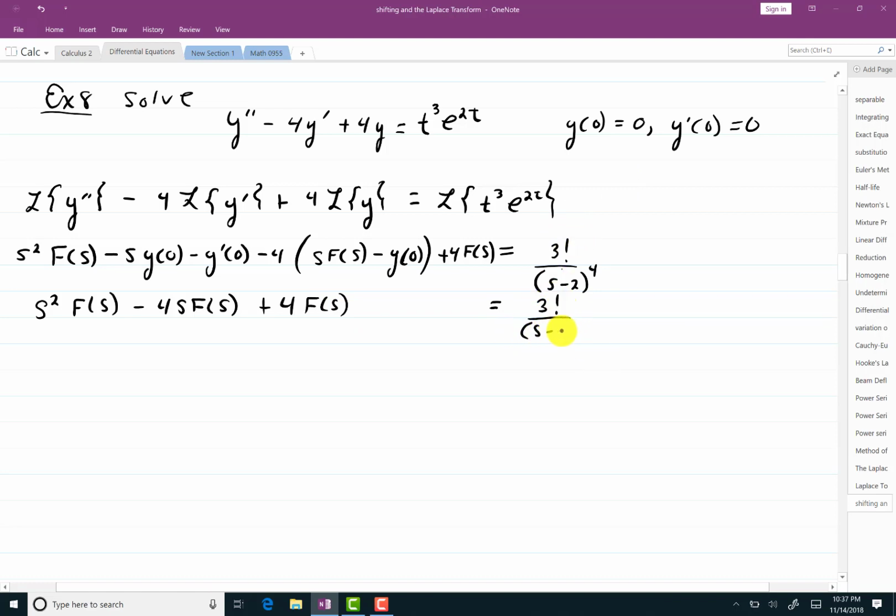And so on the left, I'll factor an F of s out of everything. I'll get s squared minus 4s plus 4 times F of s. This factors as s minus 2 squared F of s.